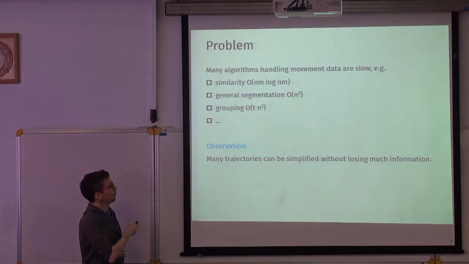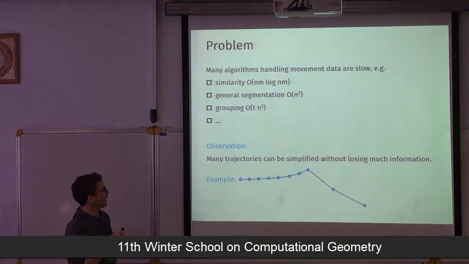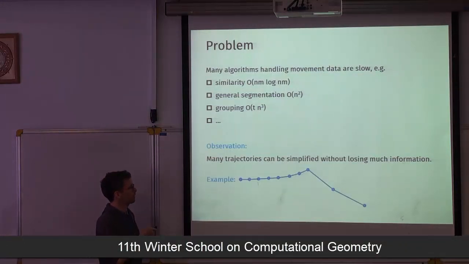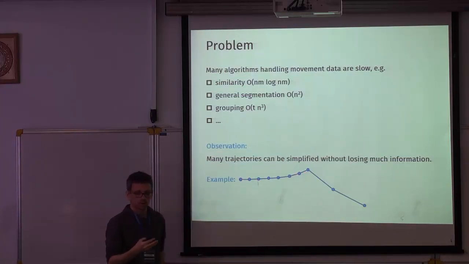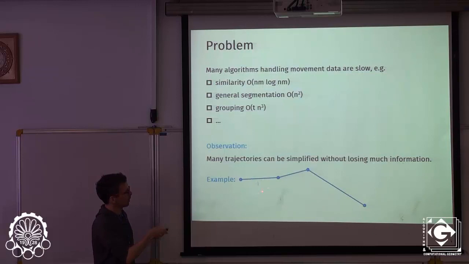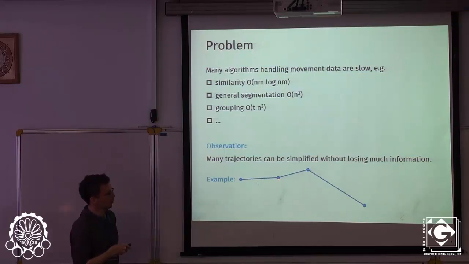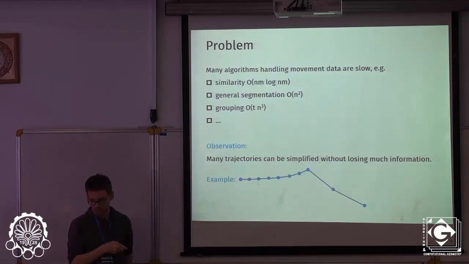So what we need is somewhat smaller data to apply these algorithms, and very often there is a large amount of data that we can essentially ignore and still get a good approximation of our trajectories. In this example, all of these data points in between, even if I drop them, and even if I drop this one here, where I kept one, this is a sufficiently good approximation of the original one.